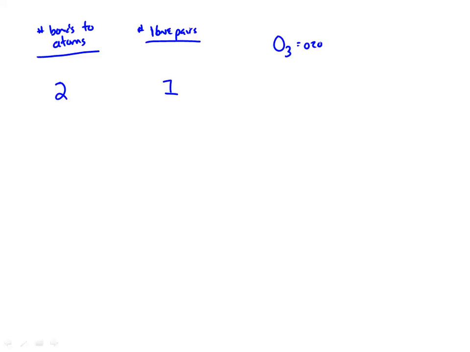O3 is ozone. Well, we've been drawing it like this. So there is an ozone molecule. And so we're going to call this bent again. So notice there's 2 bent molecules, but this is bent with 120 degrees.